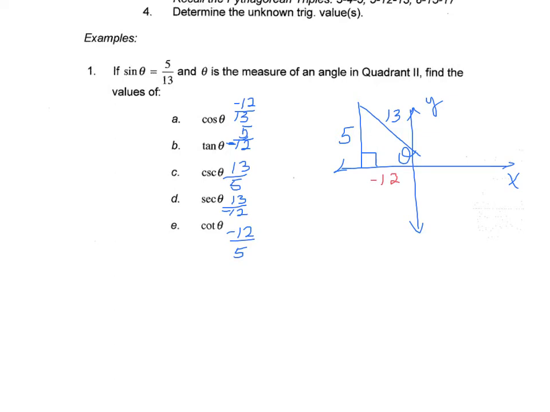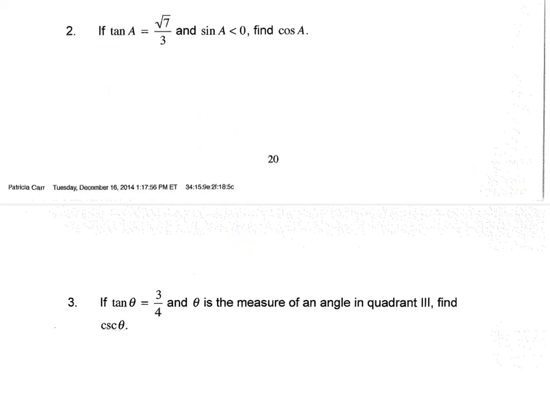All right, let's go on to another example. If the tangent of A is radical 7 over 3 and sine of A is less than 0, well, less than 0 means it's negative. So now I've got to think, where is sine negative? Sine is negative in quadrants 3 and 4.